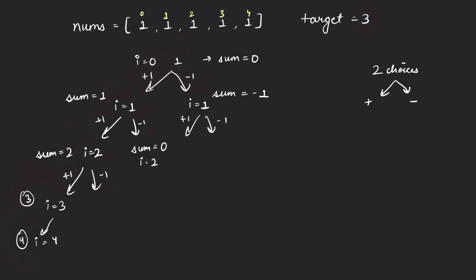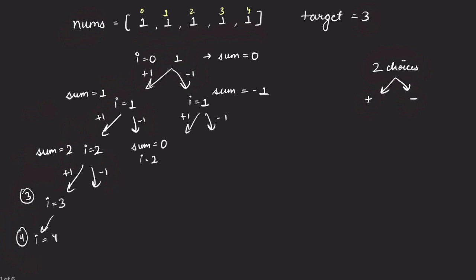But since, as we know, in our nums the number of elements is n, and each element in the array can be either added or subtracted, we have two choices for each of the n elements inside our nums. So this will create a binary tree of recursive calls, where each level of the tree corresponds to a position in nums: i equals 0, i equals 1, i equals 2, and so on.